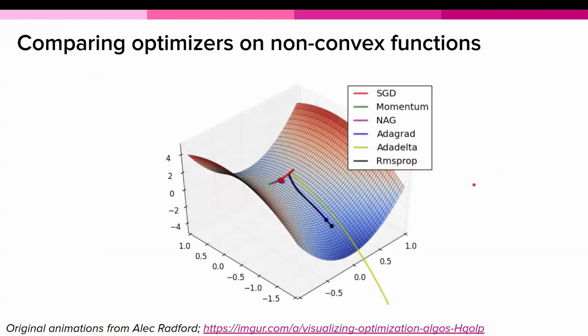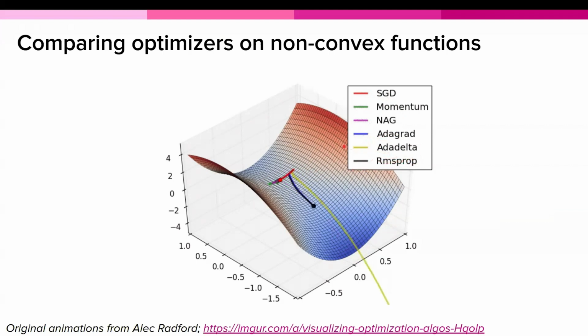All right, so to get a sense of how these different optimizers compare, this animation depicts the learning paths followed by different optimizers in a non-convex loss function. Each of these points represents one optimizer, where the red is stochastic gradient descent, green is momentum, blue is Adagrad, and black is RMSProp.